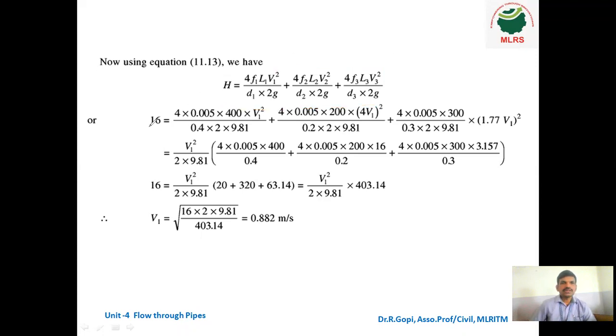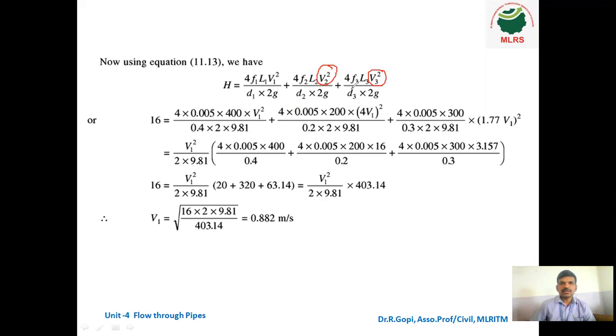So substitute H is equal to 16, which is given in the question, and 4f1 L1 V1 square divided by 2gD1 and 4f2 L2 V2 square. Here, be careful, V2 and V3 we already converted in terms of V1.